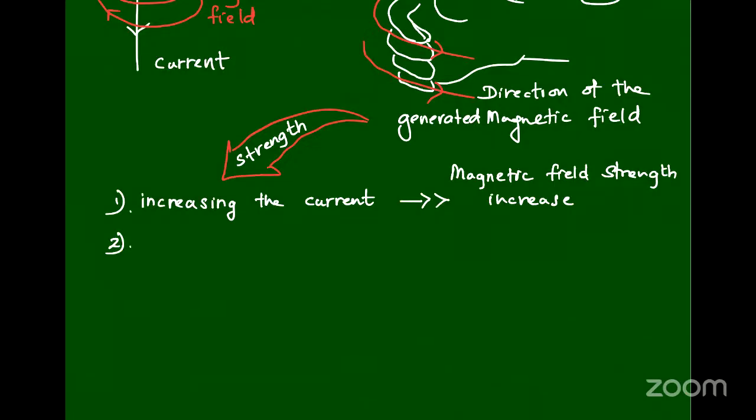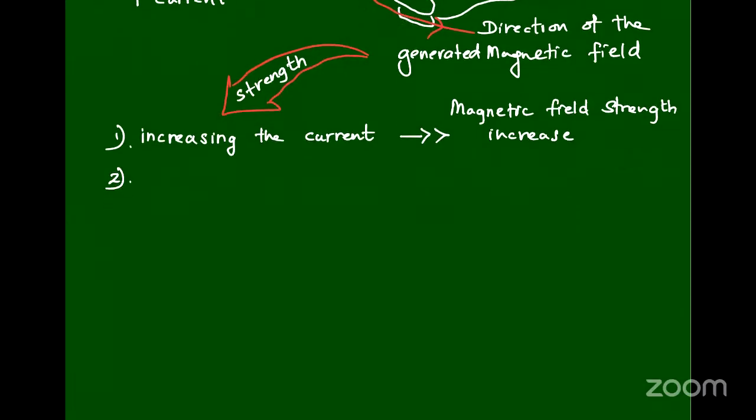Then the second factor: just imagine that instead of using a single line of wire, we manage to arrange this wire as a coil. So instead of a single wire like this, I am arranging it like a coil.